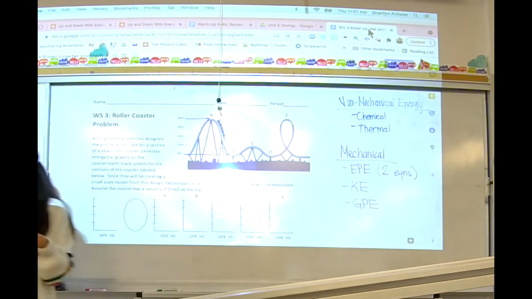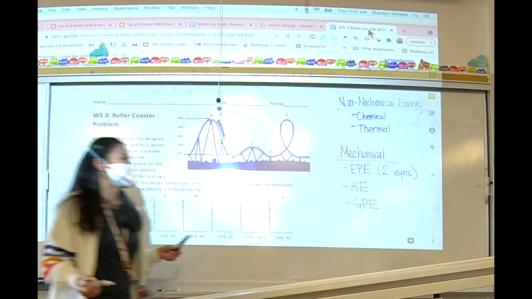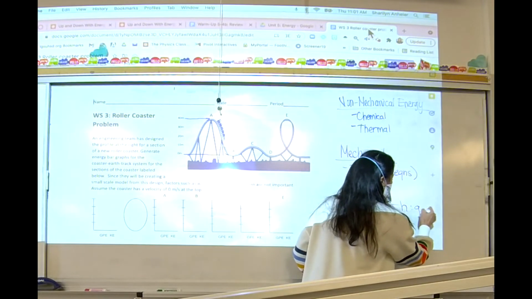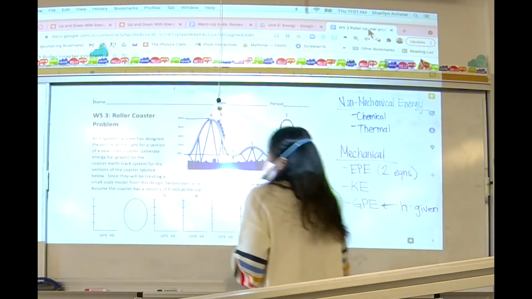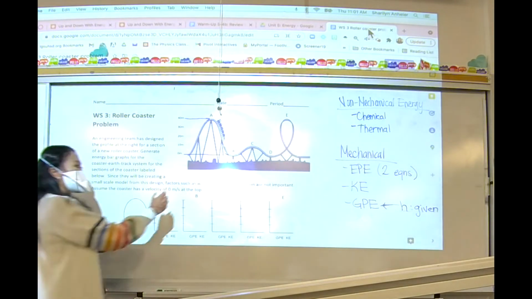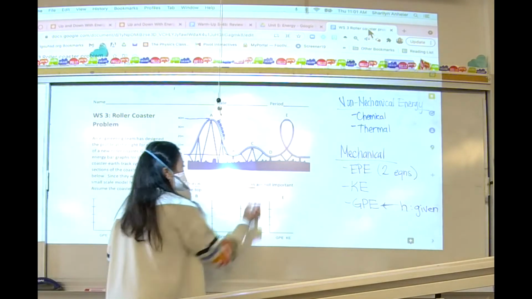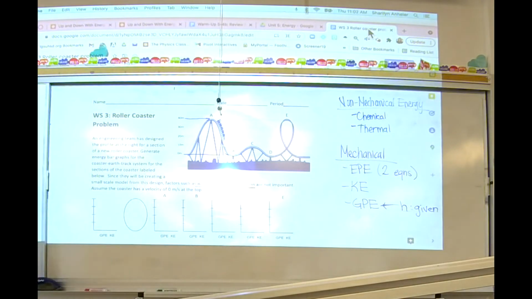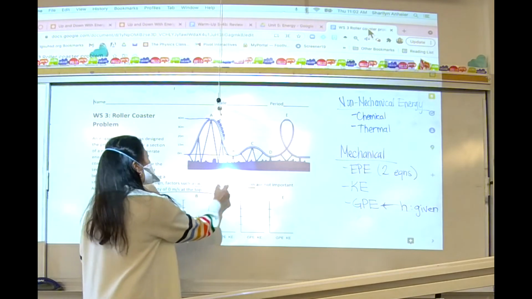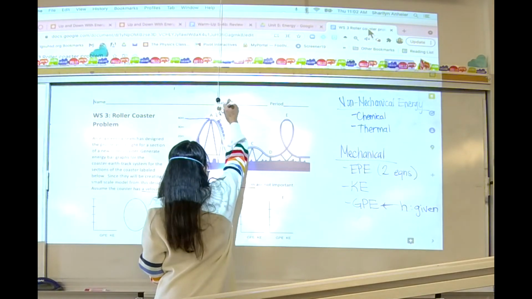So you have these values for gravitational potential energy. Height is given. You've also got the fact that there's no wind resistance and no friction. They're not important. We're not going to take that in consideration. And the velocity at the top of hill A is equal to 0.